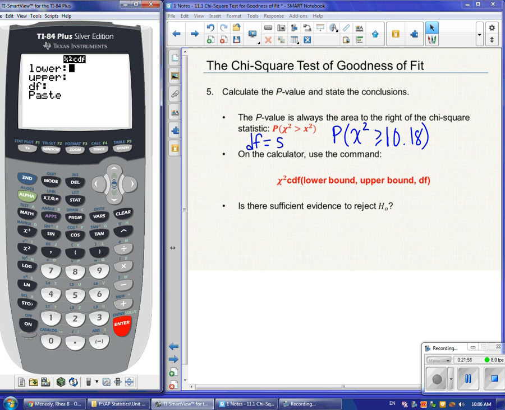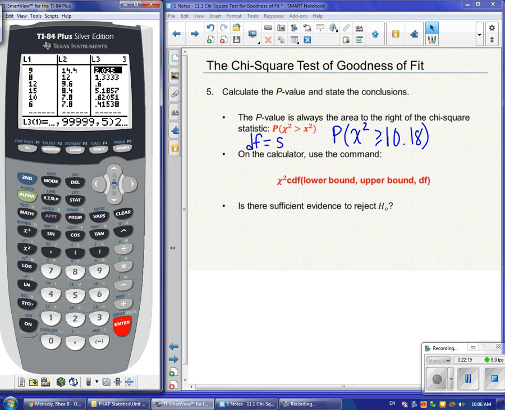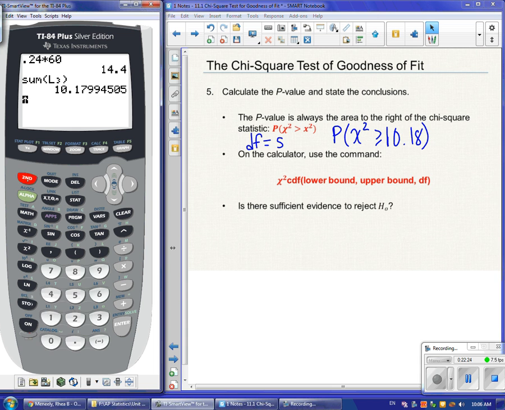You'd see it as a string where you have chi-squared CDF, and then you have to know what to put in. Just like with the normal distribution, we'll enter our lower bound, which is going to be that 10.18, and our upper bound, which is going to be 99999, and our degrees of freedom, which we calculated to be 5. And then we'll paste it. And you'll see, whoops, I did it in the wrong spot. Let's go back to my home screen, sorry.